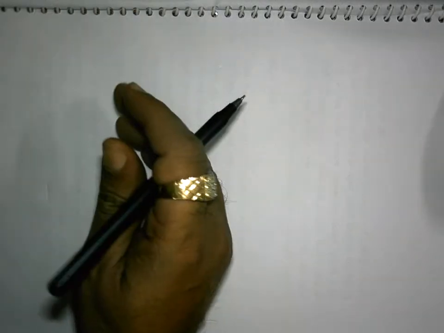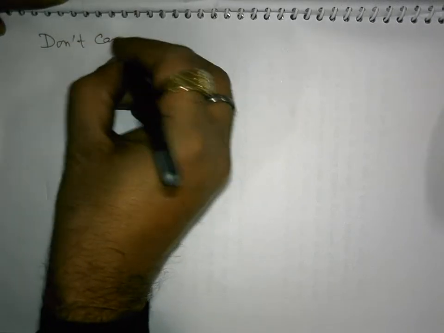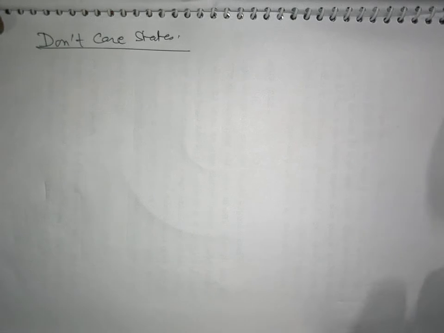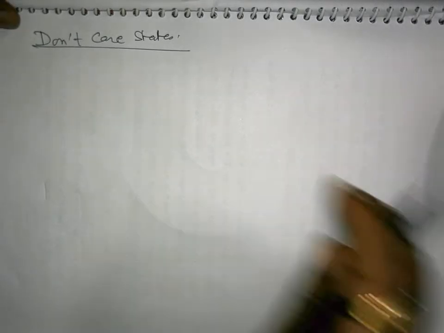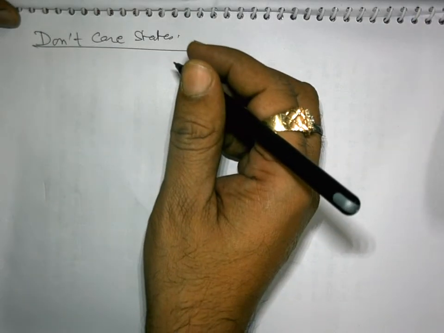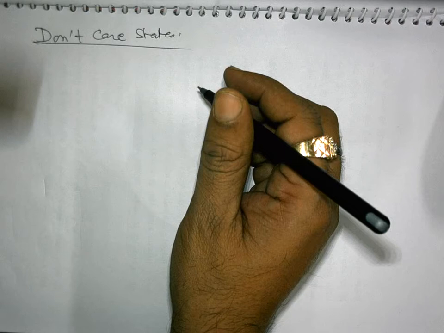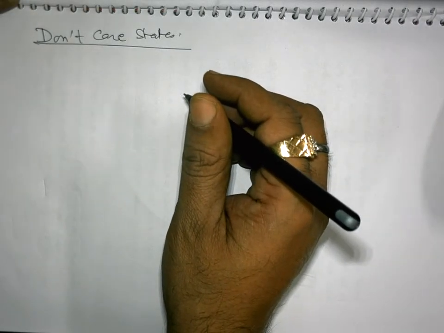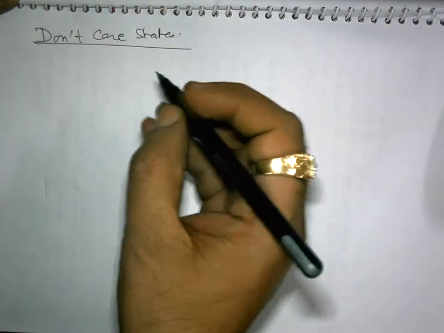Now, let us proceed to some don't care states also. What will happen if you incorporate don't care states? Suppose I am implementing some binary to decimal decoder like thing.